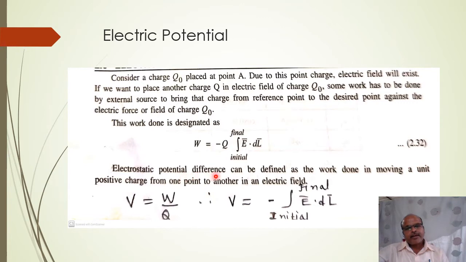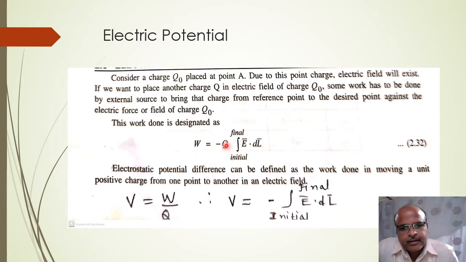So electrostatic potential difference can be defined as the work done in moving a unit positive charge from one point to another in an electric field. If we put the value of unit positive charge, Q is equal to 1, in the above equation, then we will get the electrostatic potential phi is equal to W upon Q, or V is equal to W upon Q. What is the value of W?